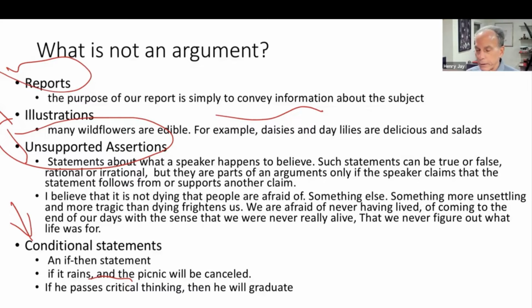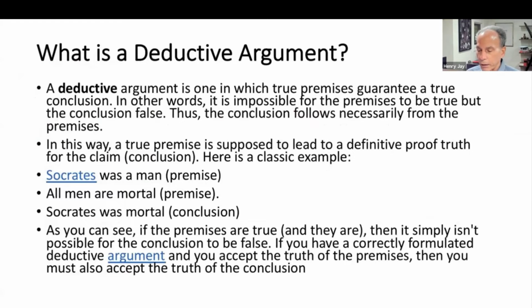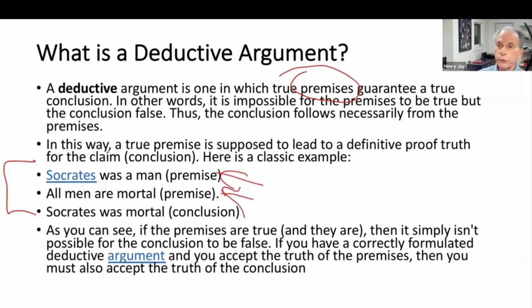Okay, all right, so a deductive argument, I had said before, is when the premises are true and guarantee a true conclusion. So for example, Socrates was a man, a true premise. All men are mortal. That's a true premise.